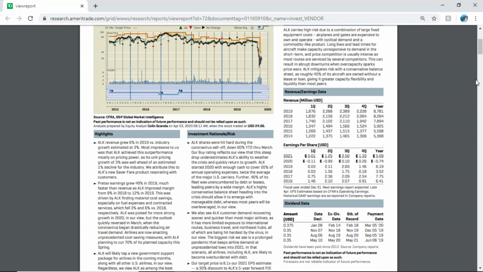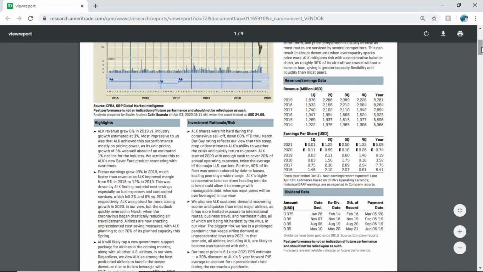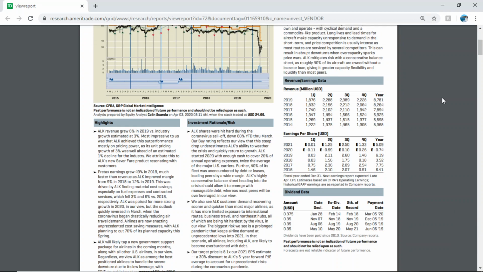So if I'm really interested in pursuing further, I would go through the report and really understand the business, the industry, and how these analysts are valuing this company, and then I would put my money in for the long term, and that's how I would do my analysis.